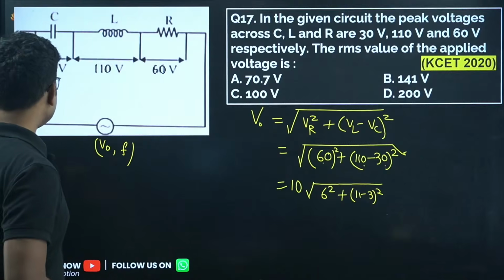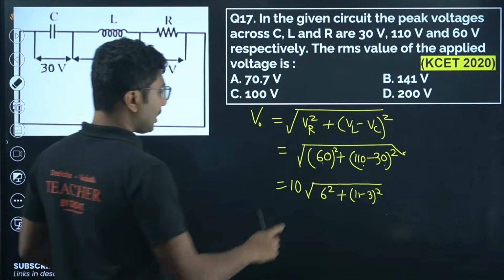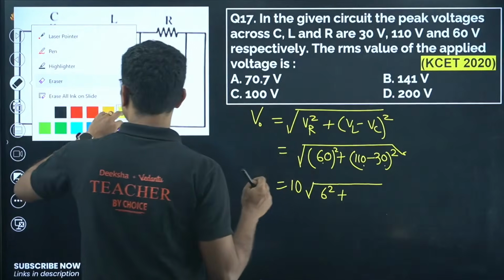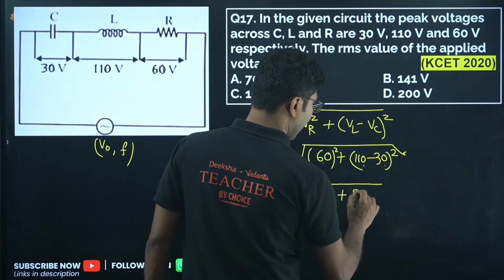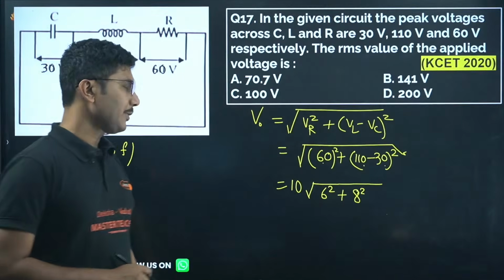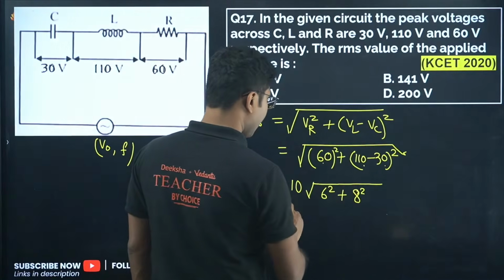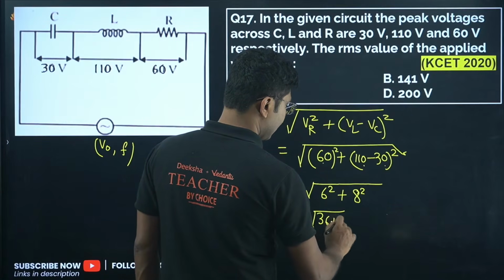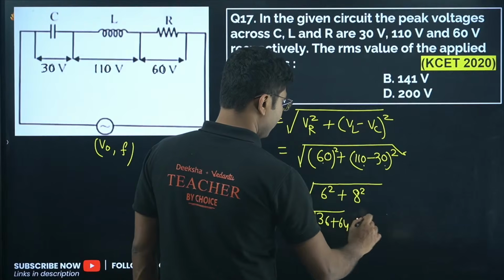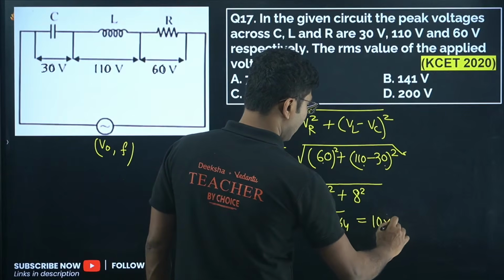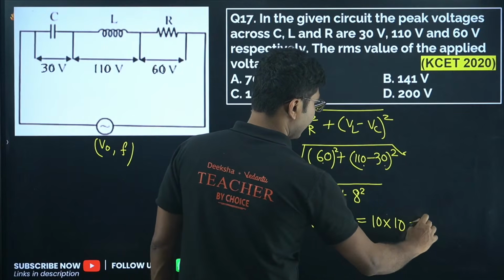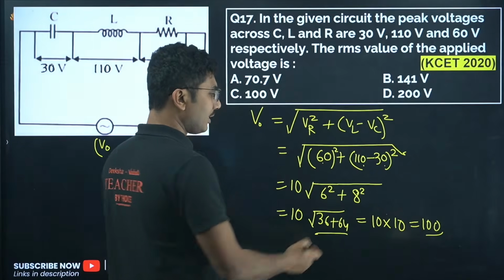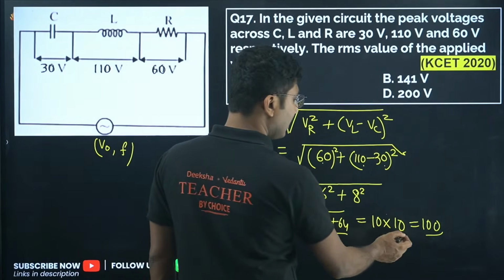This is easy to understand. Now 11 minus 3 is basically 8, so this will be 8 squared. So 6 squared plus 8 squared, 36 plus 64, is 100. The square root of 100 is 10, so 10 into 10 is 100.